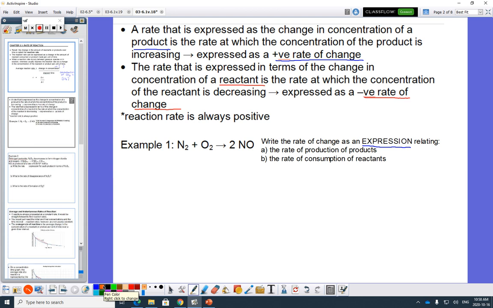The one little caveat to that is this. So this says reaction rate is always positive. And what they're trying to imply here is like a numerical value.